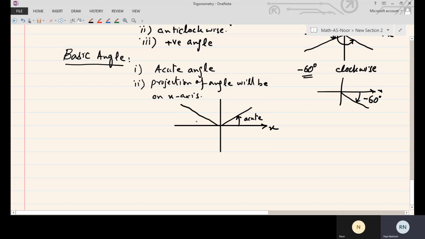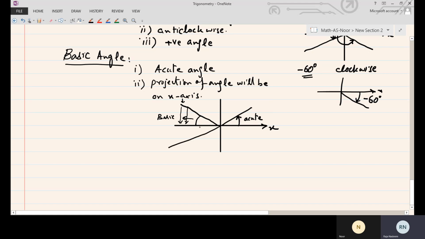If you have an angle in the second quadrant, then the projection of this angle would be on the x-axis. There is another point: basic angle will not show the direction. I'll explain in different examples. When your angle is in the second quadrant, this angle is called basic angle because if you spot a light at the top of the angle, you would find that your projection would be on the x-axis.